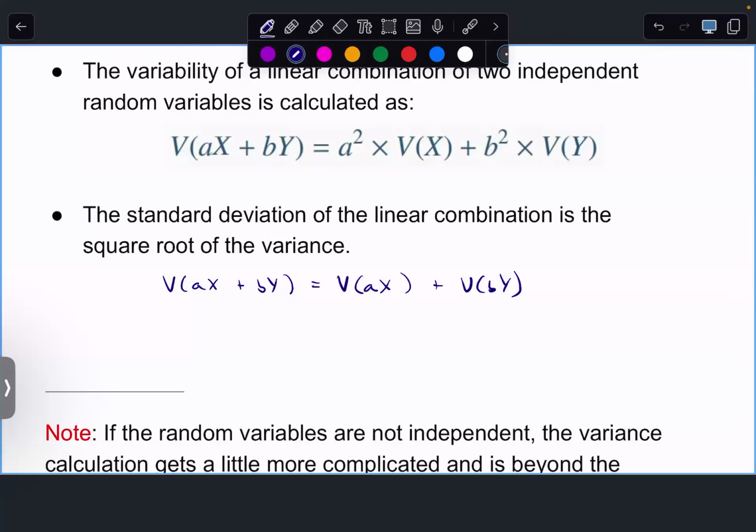I'm allowed to just cling it onto each individual term. But when I bump this variance inside onto the x, it squares the a. That's just something to be aware of.